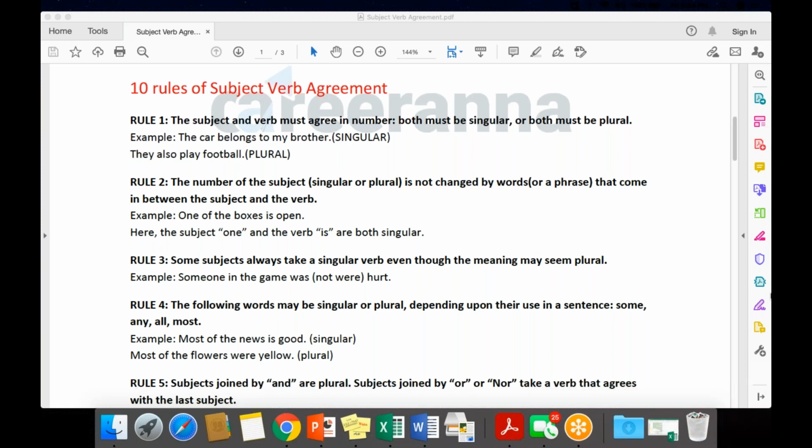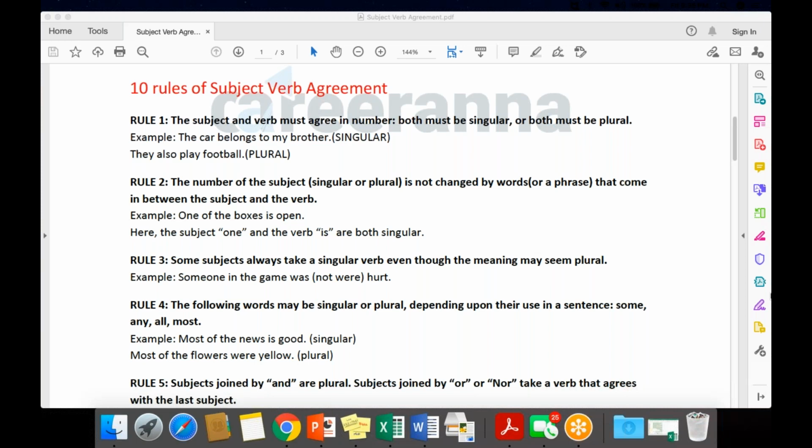So most is connected with news, I will go with the count of news. Most is connected with flowers, I will go with the count of flowers. Is it clear? In the case where I am having an uncountable word in front of the subject, I'll go by the count of the subject, and I will not worry about most, any, all, some.